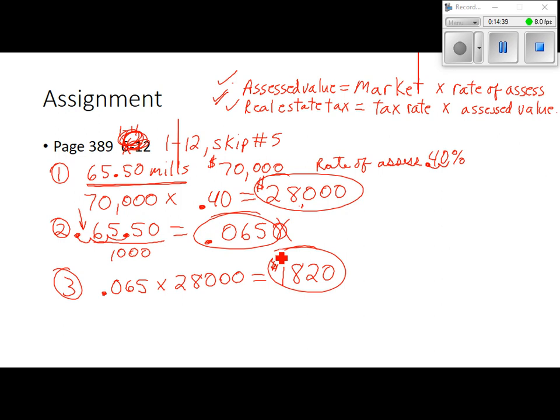Now, when you do each problem, some of them are going to want you to give all 3 answers. Some of them, just like all the problems we've done all year long, are just leading you through step by step how to find this final answer, how much tax you're actually going to pay.